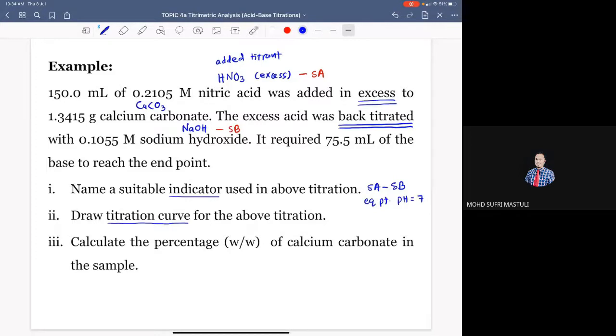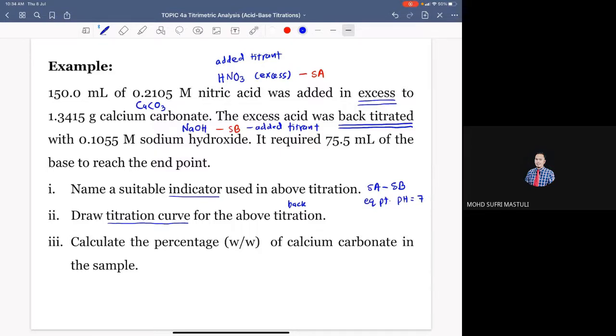In the second titration, sodium hydroxide is added, is the titrant. Okay, so remember this is a back titration. Our back titration in this situation is a strong acid and strong base.